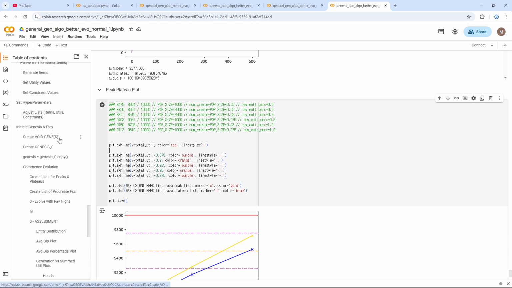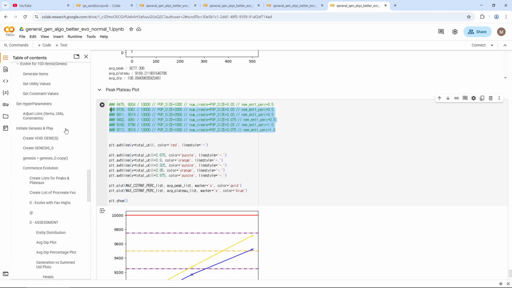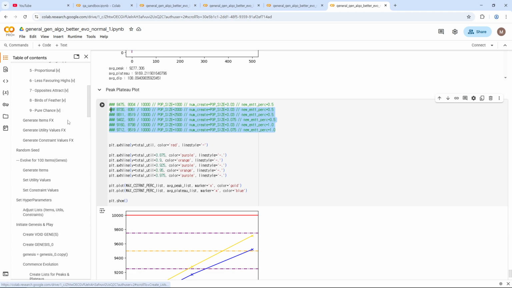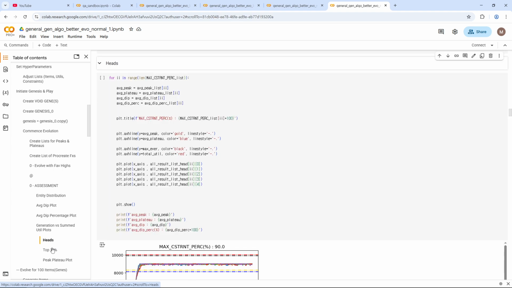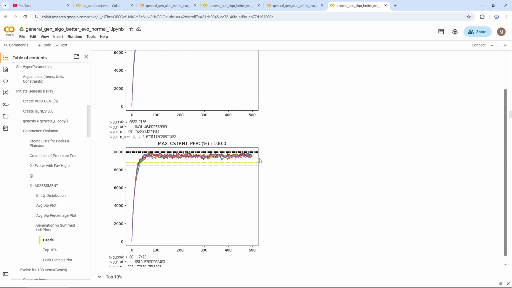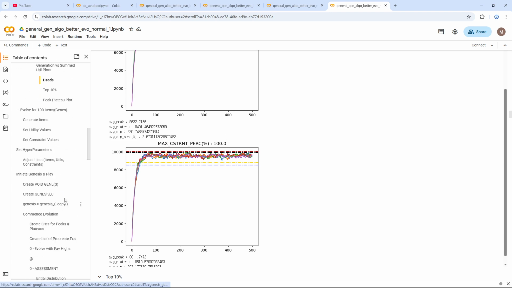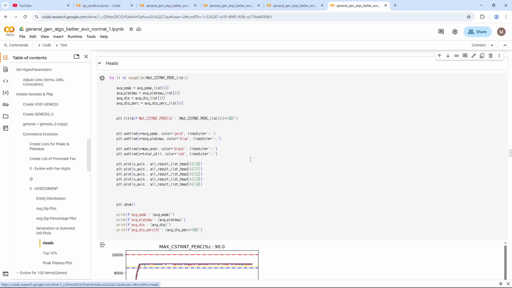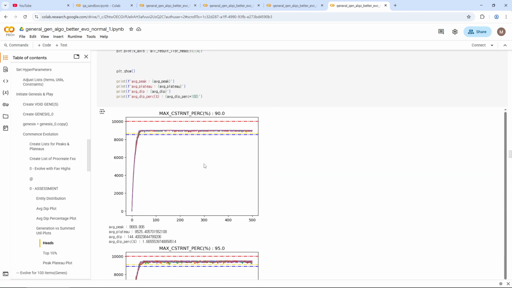However, when I did any one of these, the maximum ever entity almost always did reach the total sum of utility. In this case it didn't. However, in this case it did.